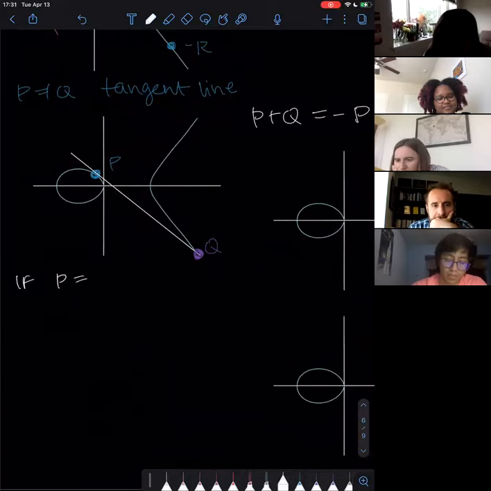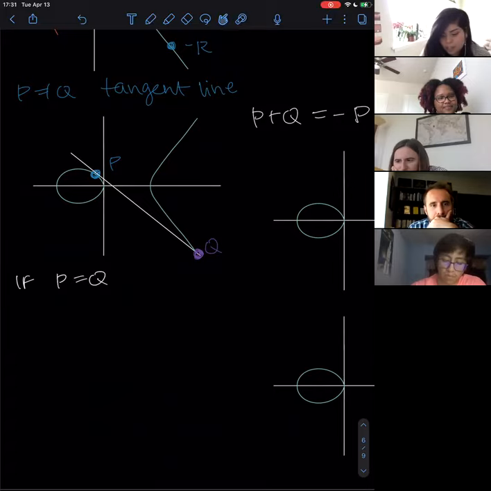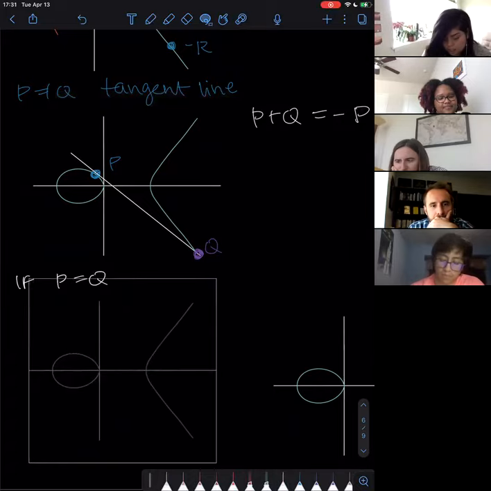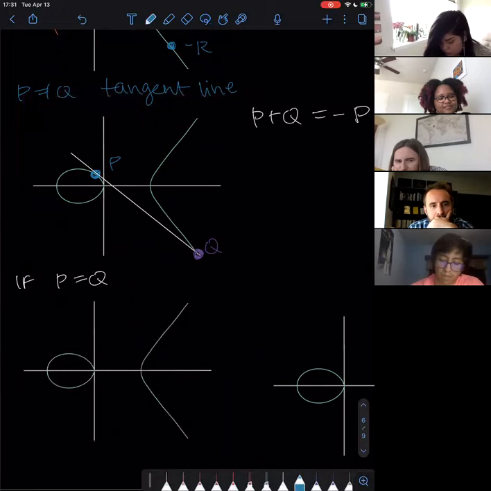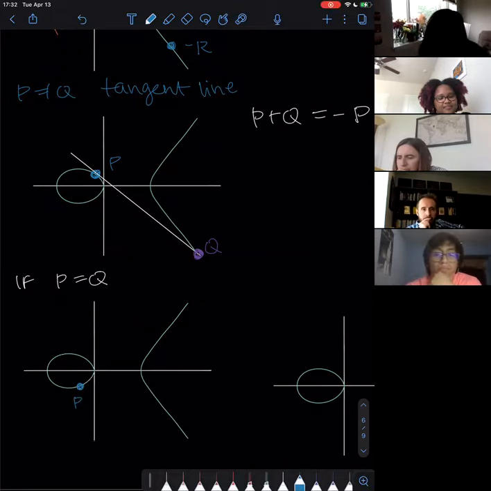If P equals Q, again, we'll have our 2 cases, or actually we don't have 2 cases, right? Let's say I pick this point here, P. And I want to know what P plus P is. So what we actually do is draw the tangent line at that point.